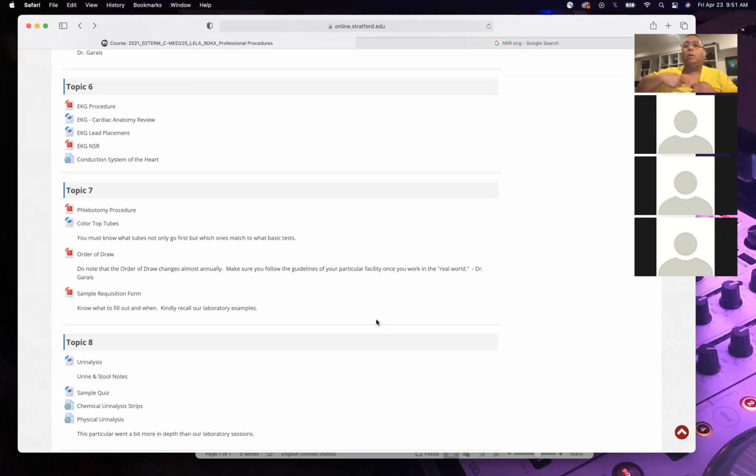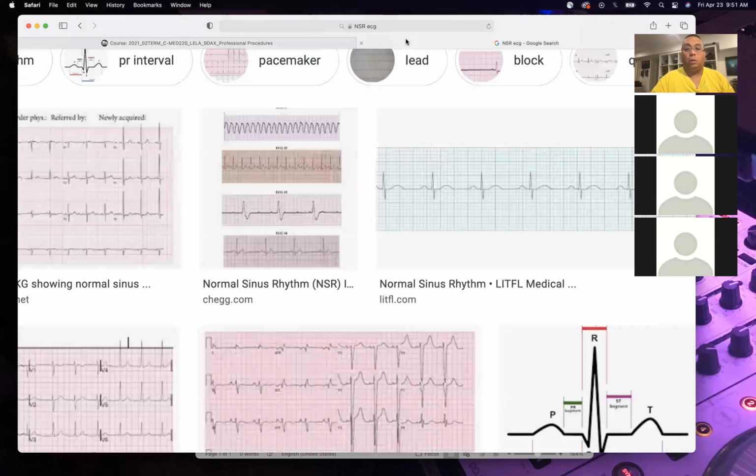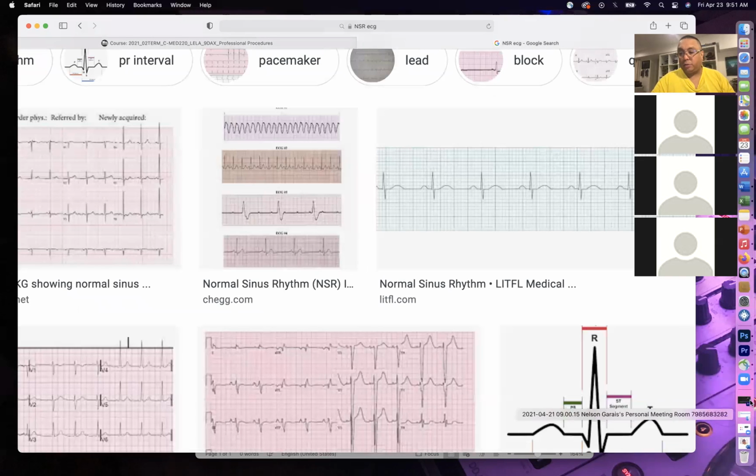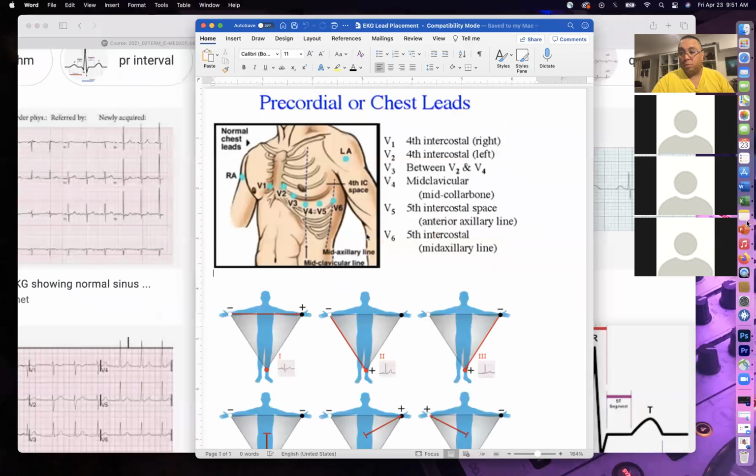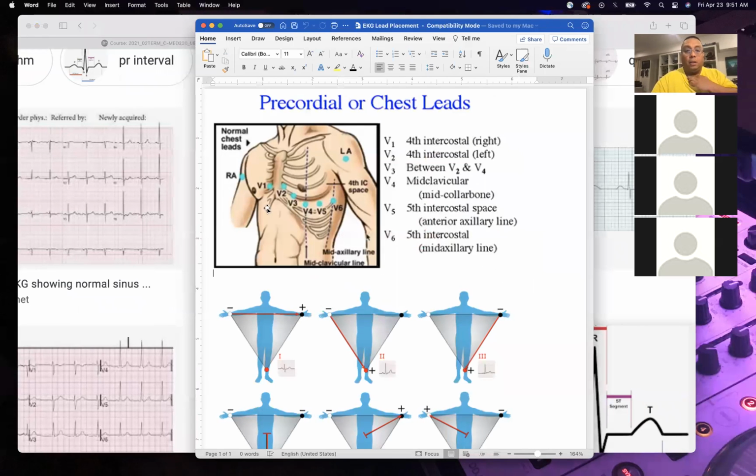Then you feel a bone, then another space, second intercostal space. Then you feel a bone, another space, third intercostal space. So that's what those ICSs are. Or let me go back to my notes. Where are my notes? That's not it. Here it is. So that's what I'm palpating or feeling for.